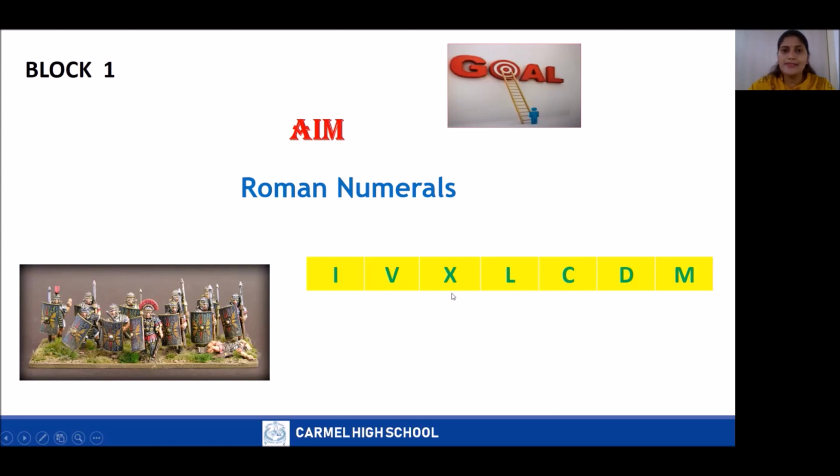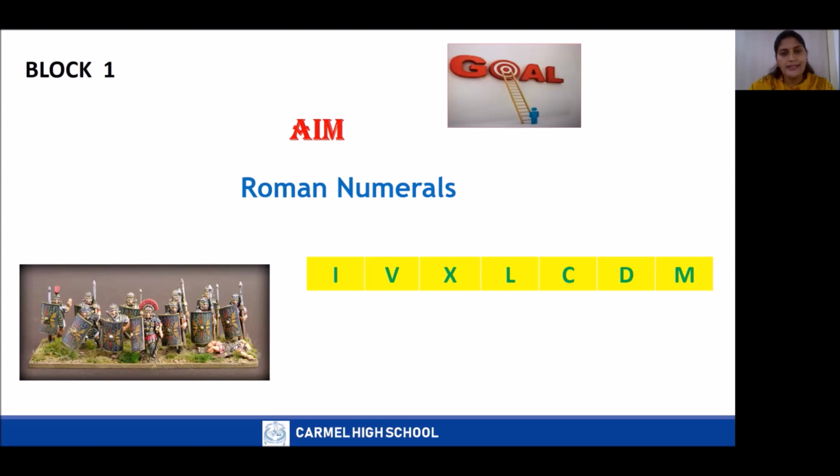These are the symbols or the letters of English alphabets: I, V, X, L, C, D, M. Romans use these letters as numbers. So let us learn what are the values of these and also how to relate this to the Hindu-Arabic system.